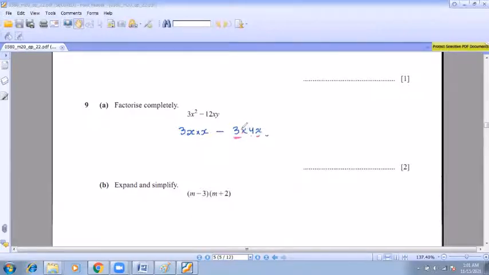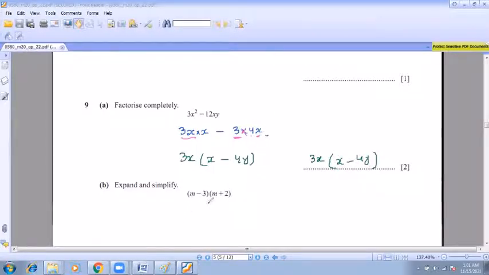So let's take out 3x as common. You can divide also inside, so you will get x minus 4y. That's it. 3x bracket open, x minus 4y. This is the factorized form.